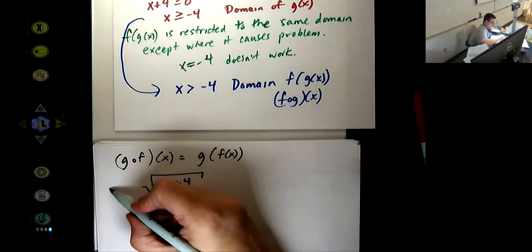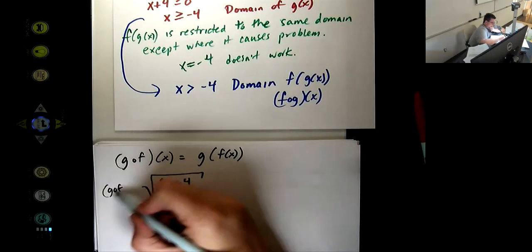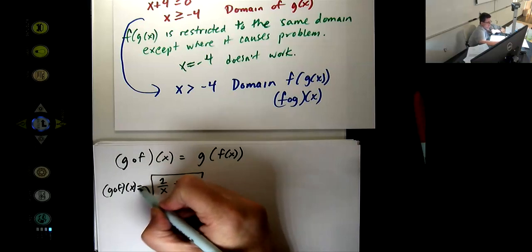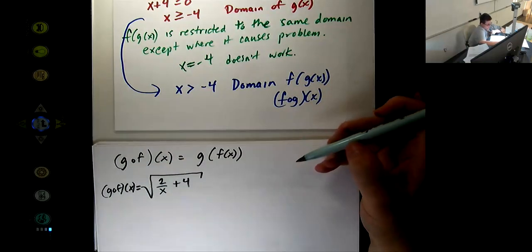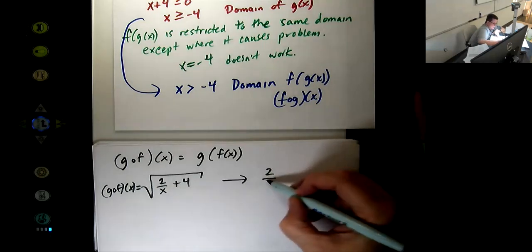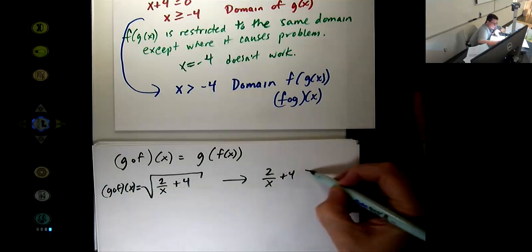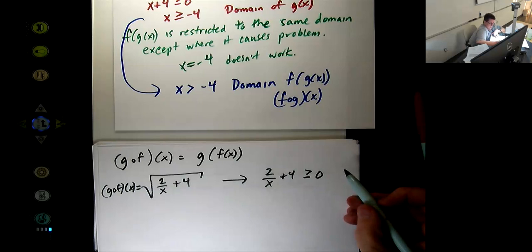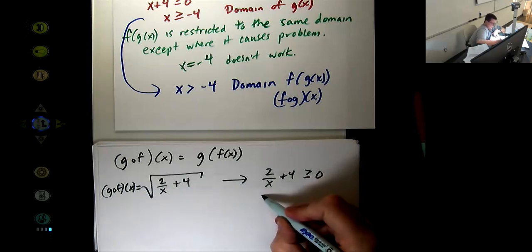This is g of f of x. Now we want the inside to be greater than or equal to 0. So we could get a common denominator.